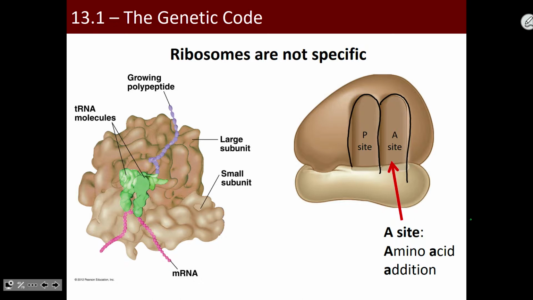Okay. The P site holds the polypeptide polymer. So it holds the growing chain of polypeptides, the individual amino acids linked together. Okay, so the A site is going to have a tRNA that's carrying a single amino acid come into it. The P site is going to hold a growing polymer of many amino acids already linked together.